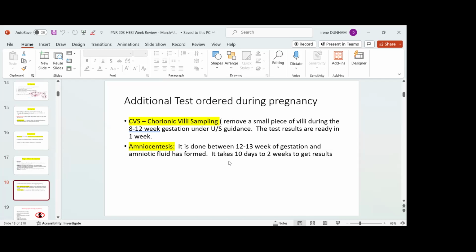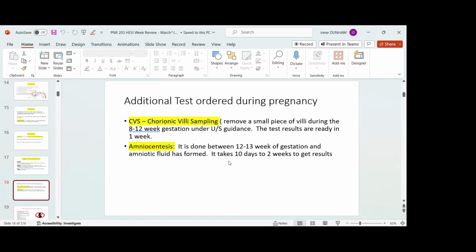Now, I've seen HESI put a question about how the nurse communicates to the parents who are waiting for the results of an amniocentesis. Remember, you always want to use therapeutic communication. Yes, it does take time to get those results back, but you want to make sure you have the optimal result, okay?